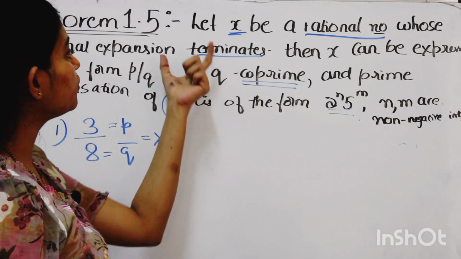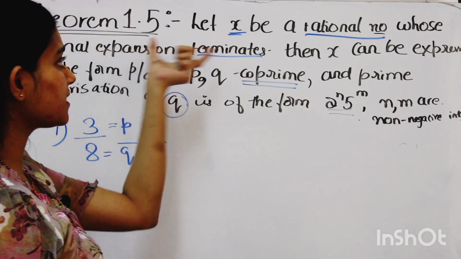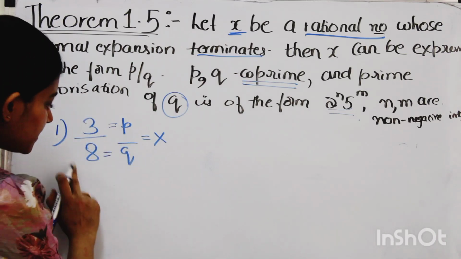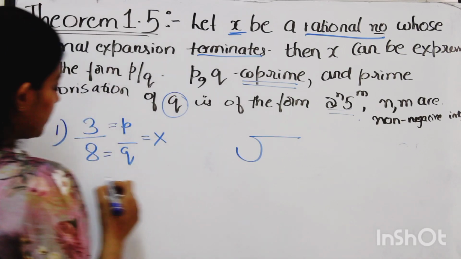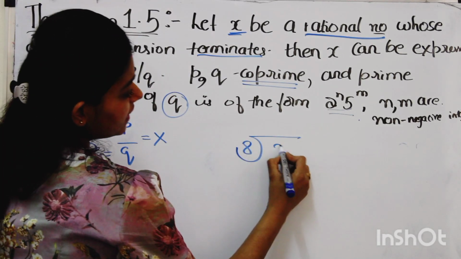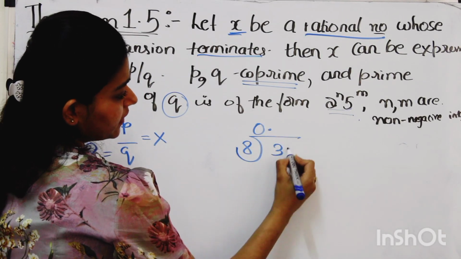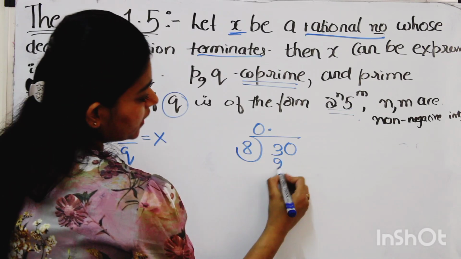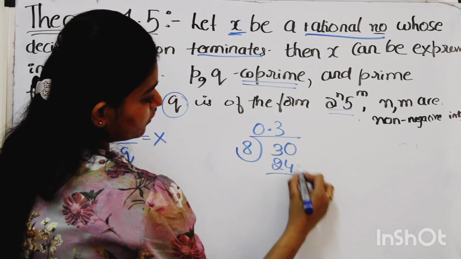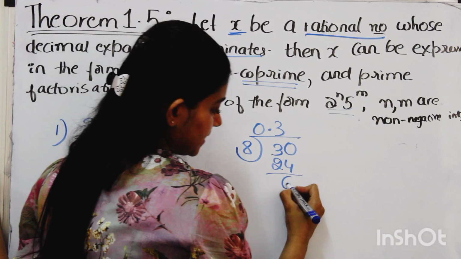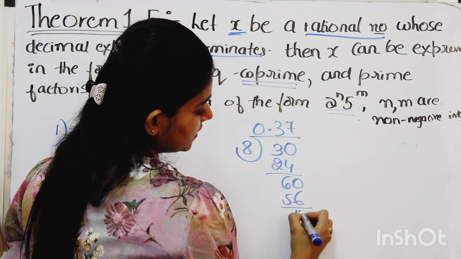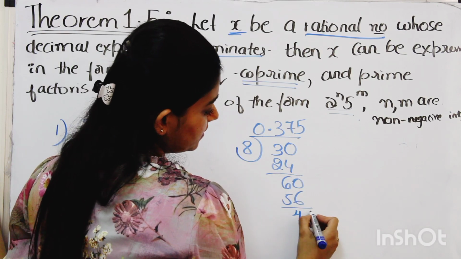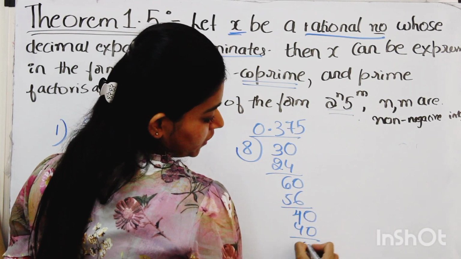So now we have to test whether the decimal expansion terminates. Let's see. Divide this, so here you write 8 and 3. So 0 point, take 0, 24. 8 3s are 24. What is the remainder? 6 is the remainder. 8 7s are 56, so 4 is the remainder. 8 5s are 40, so you get remainder 0.